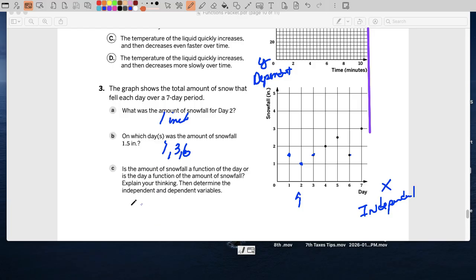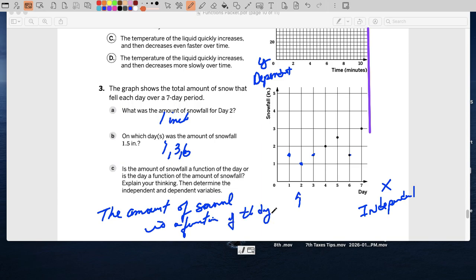So the amount of snowfall is a function of the day. I mean, this is kind of weird, but we can have two choices.